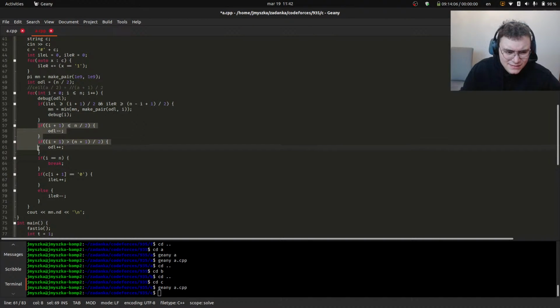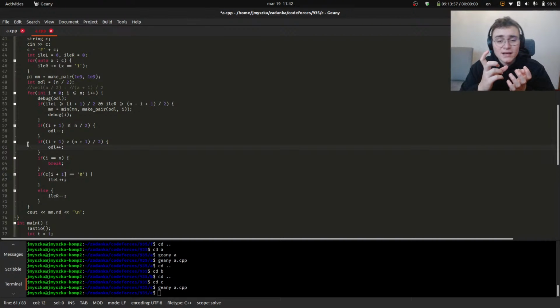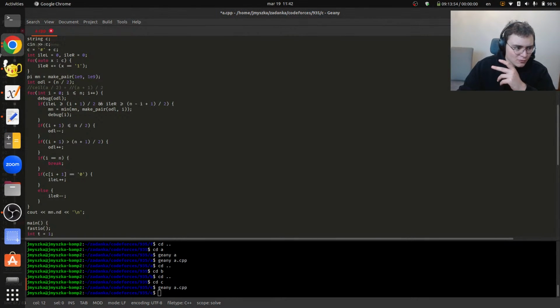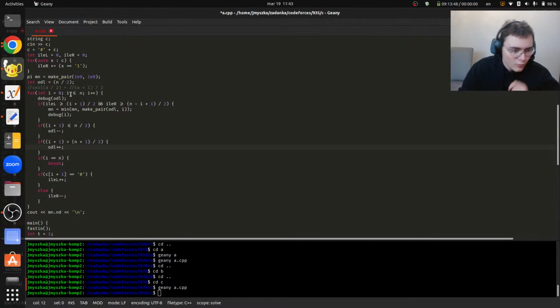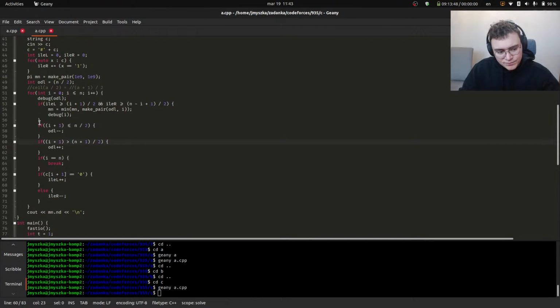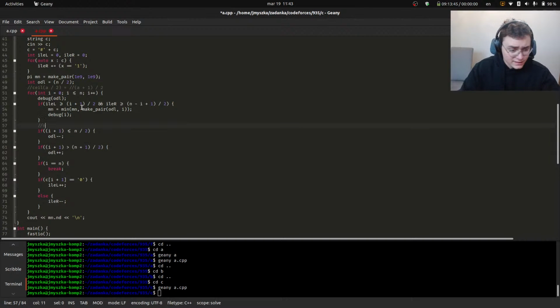Basically, those are just some ifs to deal with the fact that we can have two different closest points, because we are not taking the floor in this task. 3 divided by 2 is not equal to 2. 3 divided by 2 is equal to 1.5.